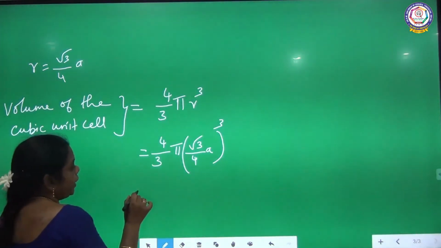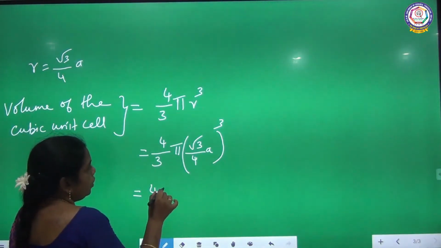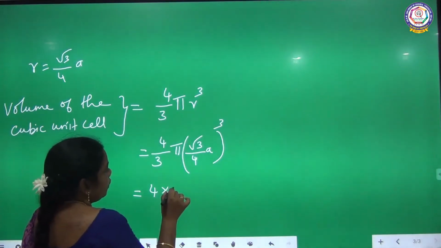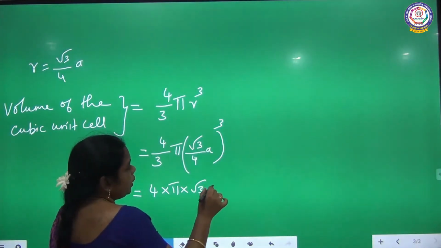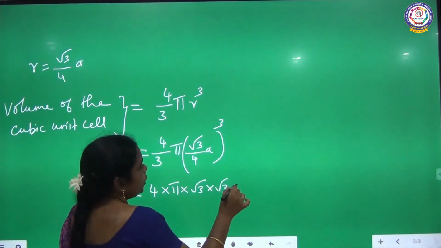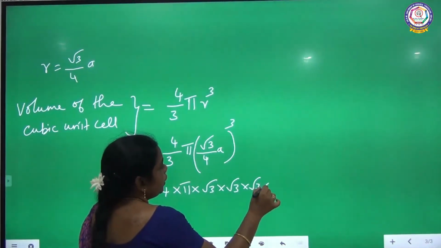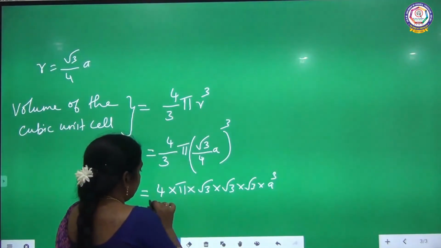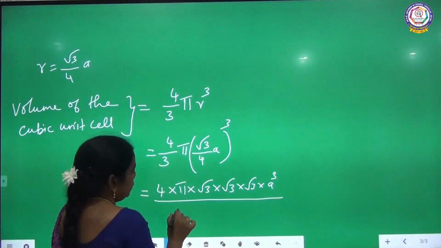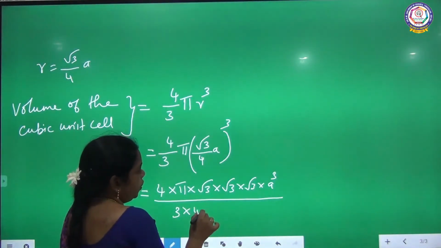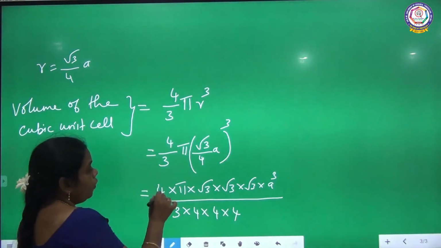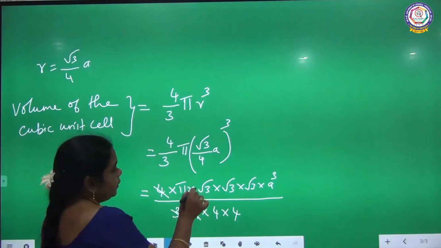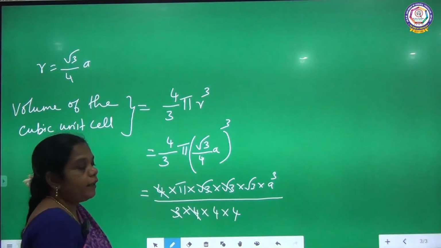This can be written as 4 into pi into root 3 into root 3 into root 3 into a cube divided by 3 into 4 into 4 into 4. Now 4 gets cancelled and 3 with root 3 gets cancelled.